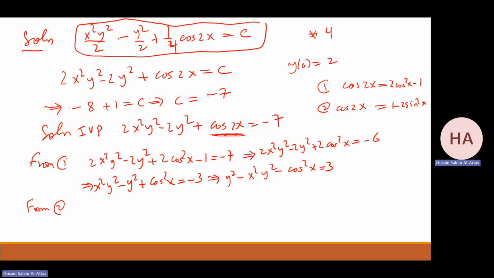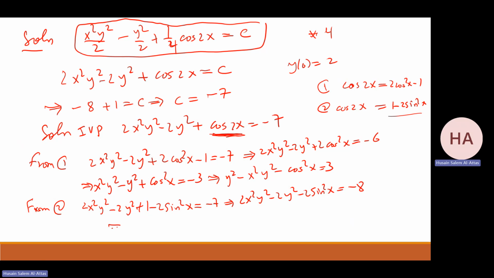Just I will change cosine 2x into this one. What are you getting? 2x squared y squared minus 2y squared. I have cosine 2x, which is plus 1 minus 2 sine square x equals minus 7. So I have 2x squared y squared minus 2y squared minus 2 sine square x equal to minus 8.